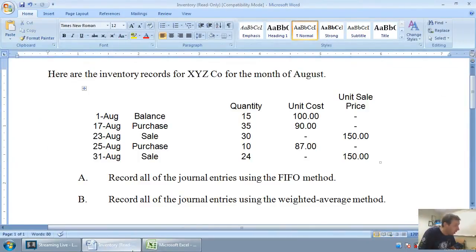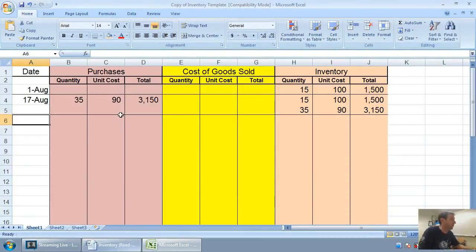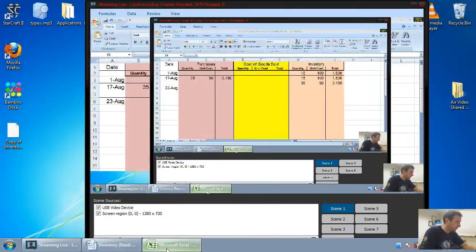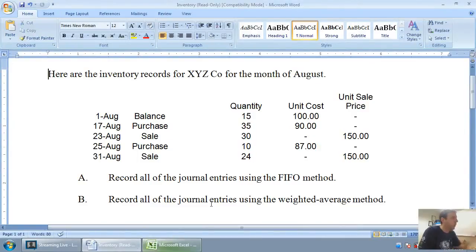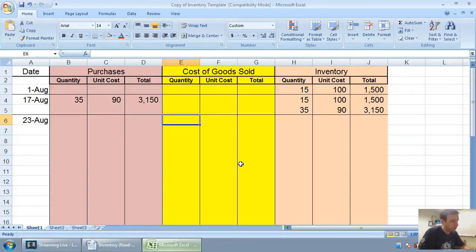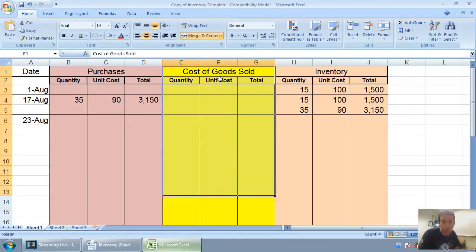Now, on August 23rd, we make a sale. August 23rd, we sell 30 units at a price of $150 a unit. So I'm going to sell 30 units. Now I notice this is about cost of goods sold, this column. It's not about price. It's about how much the stuff cost. So what we've actually got to say is, okay, we sold 30 units. Which 30 did I sell?